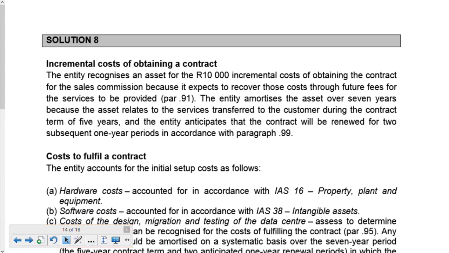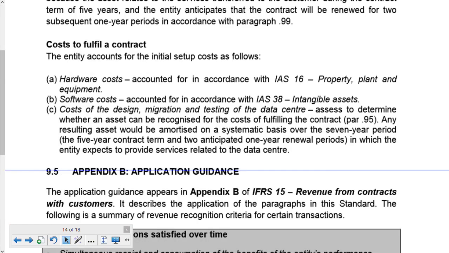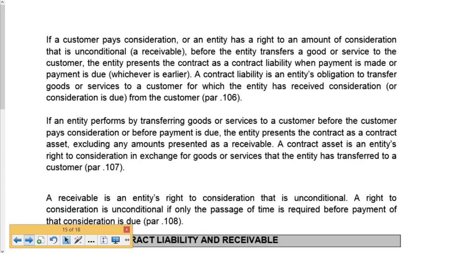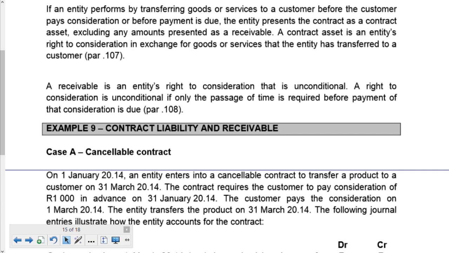Hardware is PPE, so that's not an expense. Software costs are intangible, so those are not expenses. The costs of design, migration, and testing. We assess whether these costs are an asset to be recognized in fulfilling the contract, and if so, they would also be amortized over the period. Essentially, that's what they say there.